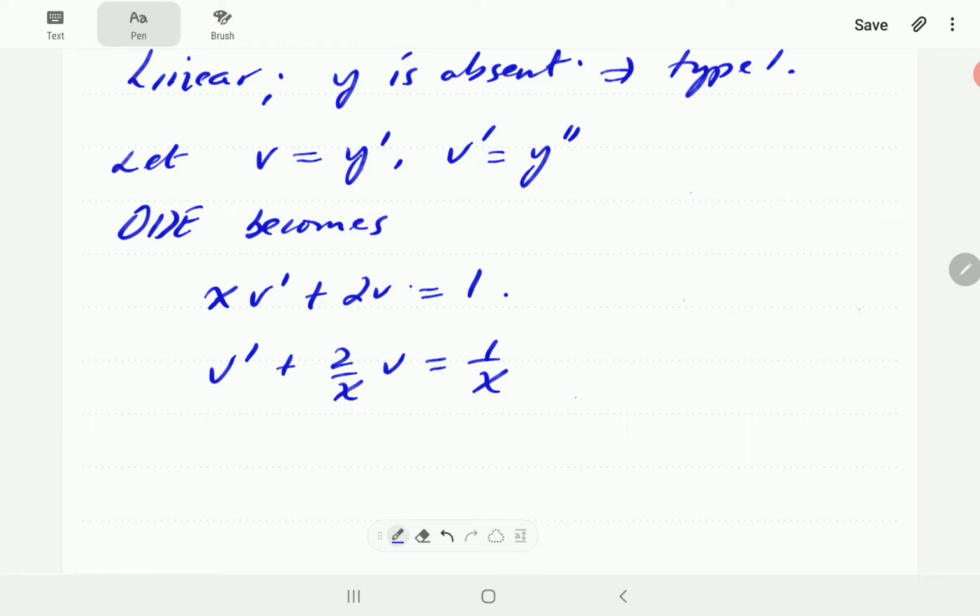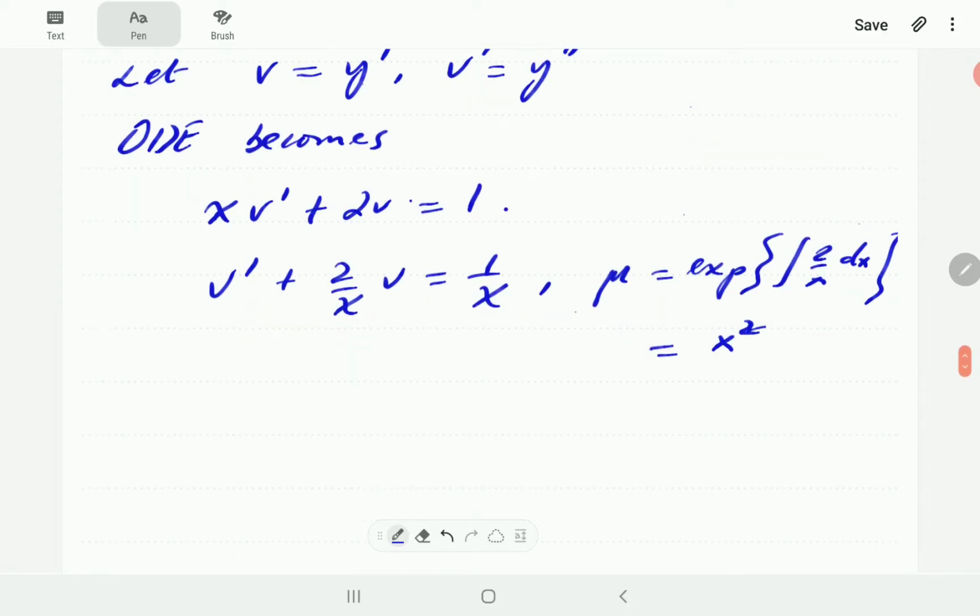Okay, so then if we do that, then the integrating factor is going to be the exponential of the integral of 2 over x dx. So this is going to work out to x squared.